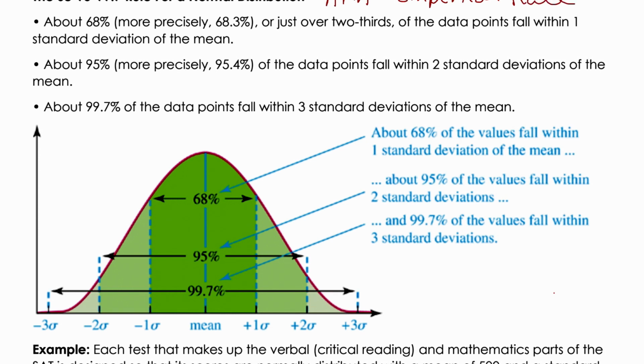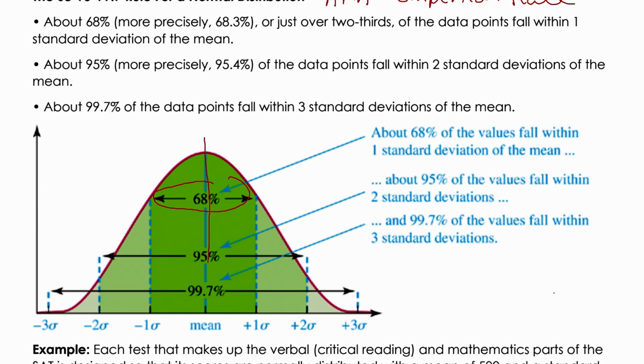Okay, so what the empirical rule tells us is, if you're looking at an interval from one standard deviation on the left side of the mean to one standard deviation on the right side of the mean, between those two values you'll have about 68% of the data. And that's what this is right here.